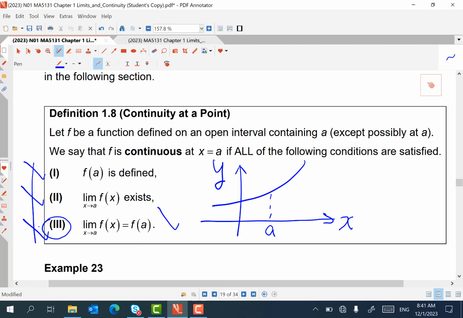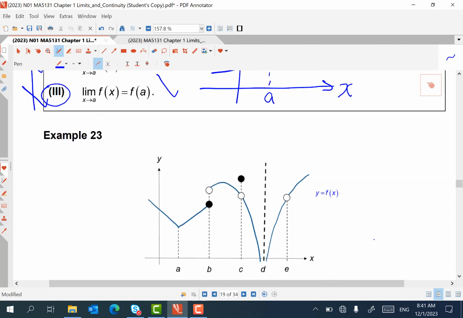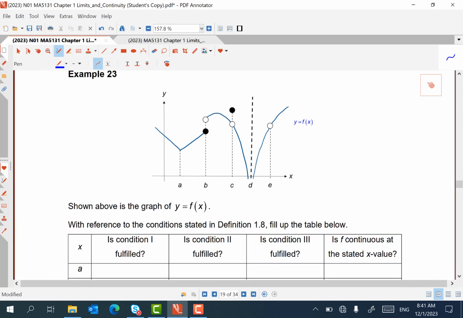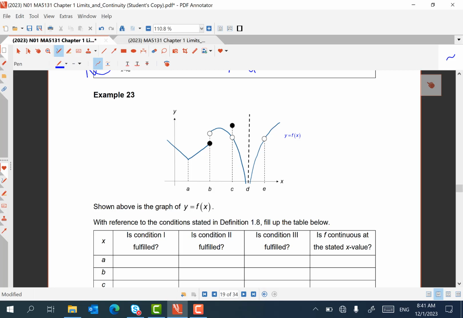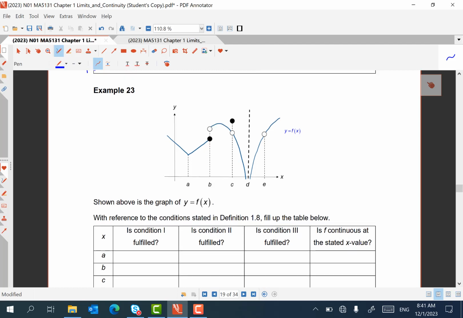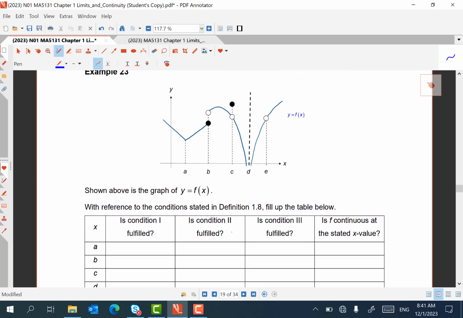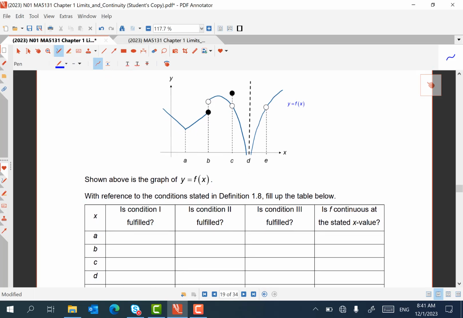So in this example 23, because the function is not defined for you, this part is just a precursor to let you get used to these conditions. Based on the graph, at the point A, is condition 1 satisfied?